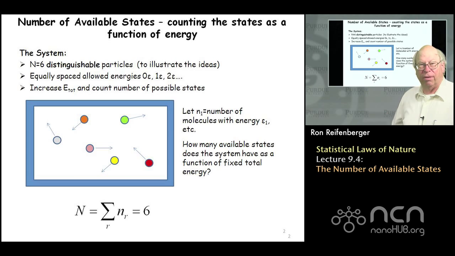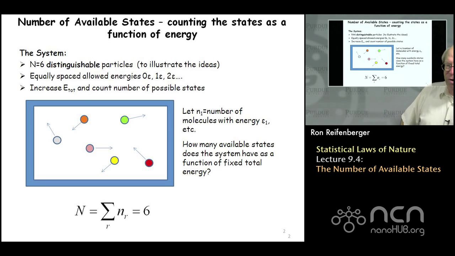These particles are going to be confined in some sort of a box, and we're going to assume that the energy levels of these particles, when they're confined to this box, are equally spaced in increments of epsilon. So the possible energy levels are going to be 0 epsilon, 1 epsilon, 2 epsilon, right? That's what I've indicated here.